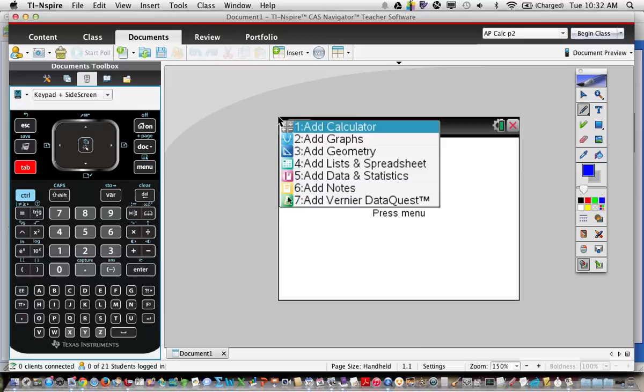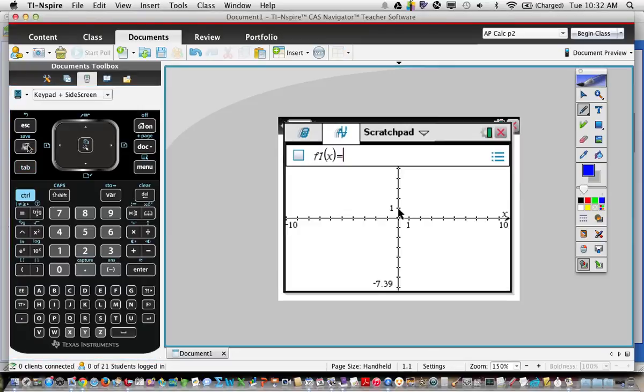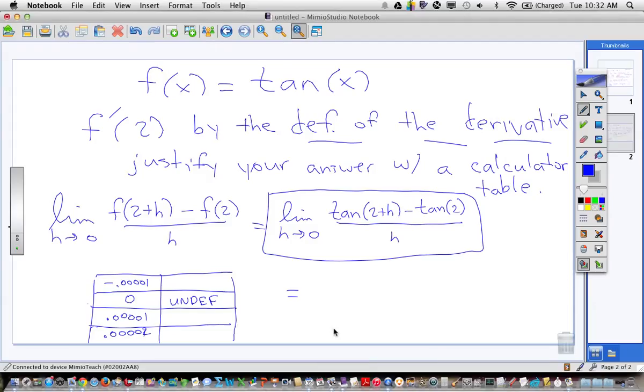So let's take a look here. Into our graph screen here, let me show you the setup. Using the definition of the derivative, of course, means this guy right here.